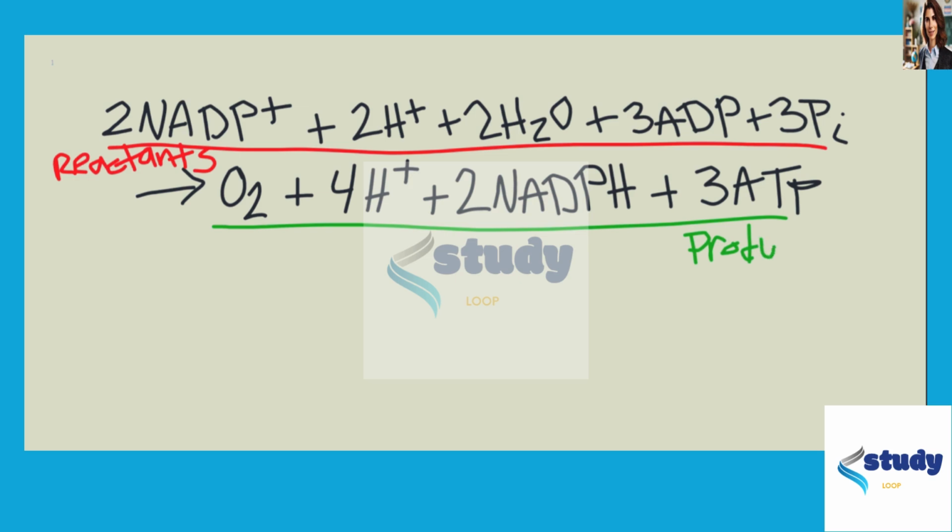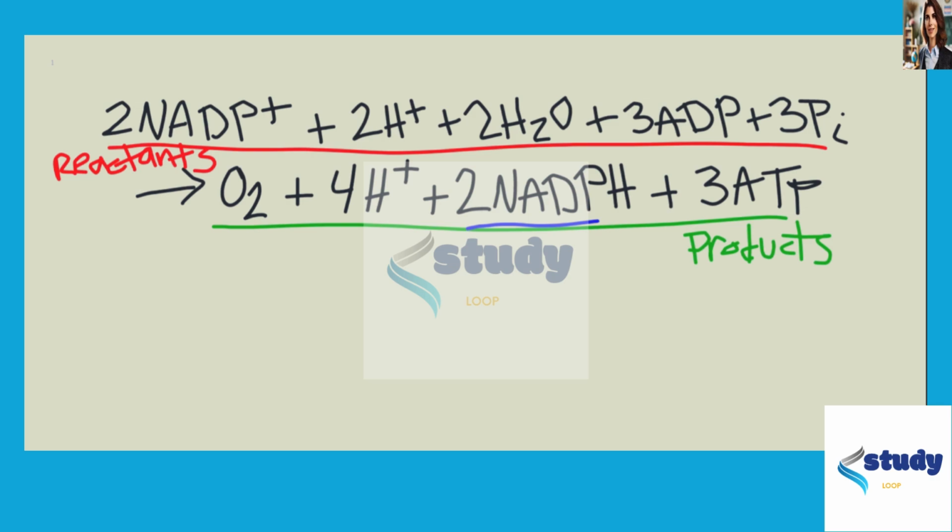Okay, so when we look at part A, it is asking us to identify the source of electrons to synthesize the NADPH, right? So we need those extra electrons. And what's happening is in photosystem 2, it splits water, right?